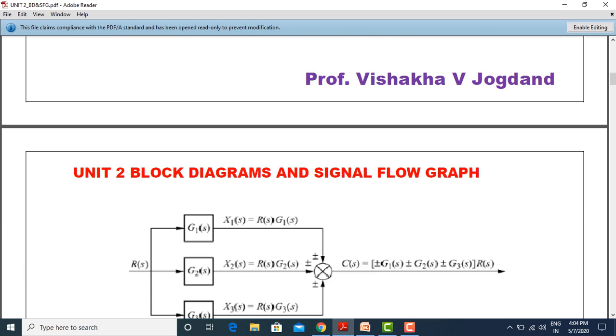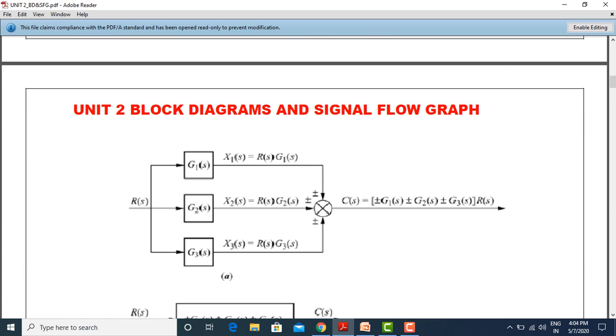Next, parallel connection. If blocks are in parallel, we can see G1, G2, G3 are connected by the summing point and given to the output. These are in parallel. Here R of S, x1, x2, x3. How are we going to calculate this?